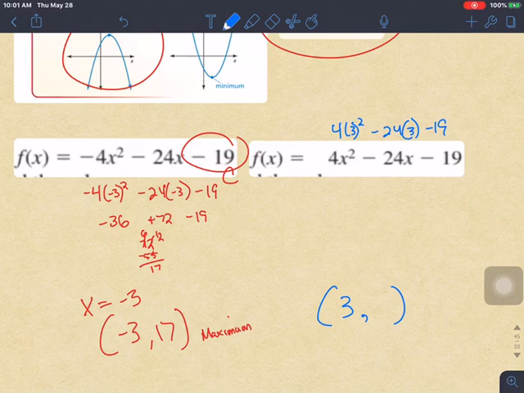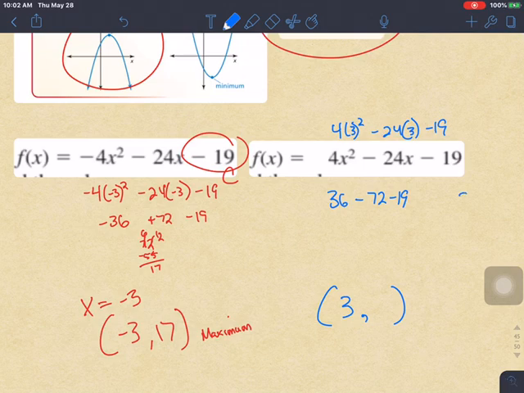What are we going to get here? 3 squared is 9, and 4 times 9 is 36, minus 3 times 24, which is 72, minus 19. So we have 36, and 72 and 19 make 91.